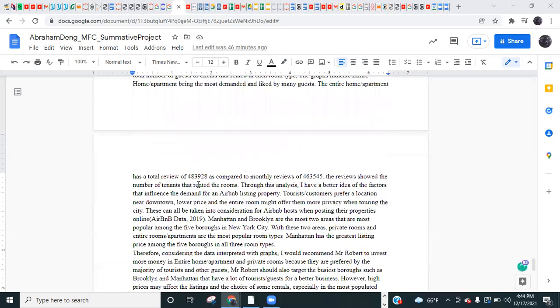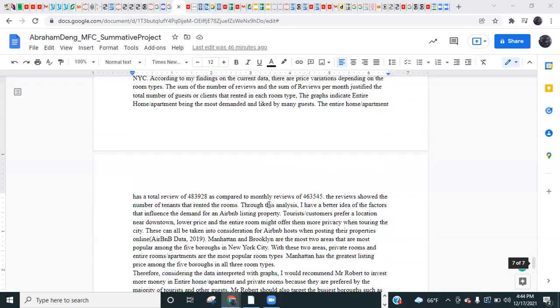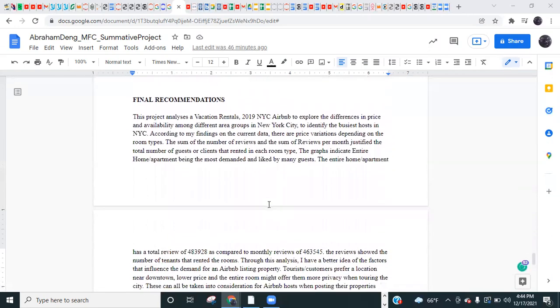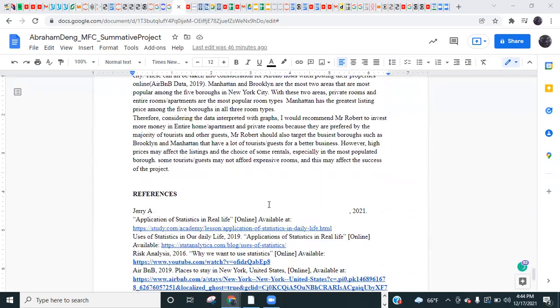The entire home has 483,928 reviews compared to private, which has 463,545, meaning that the entire apartment is leading by far. There are many people who like the entire apartment as compared to shared.